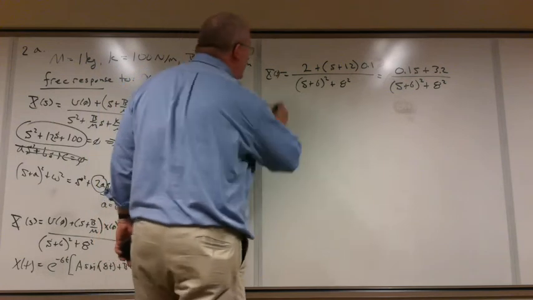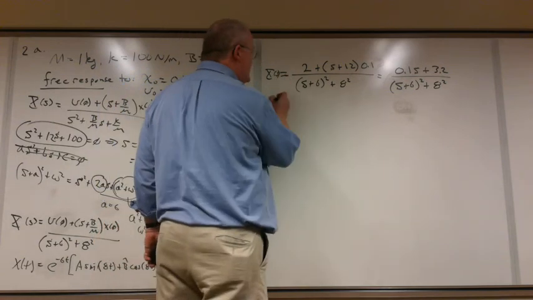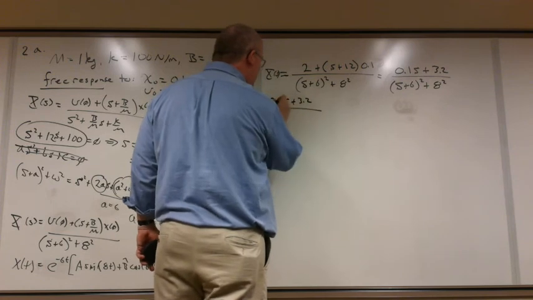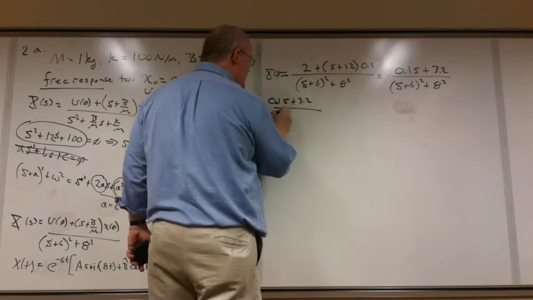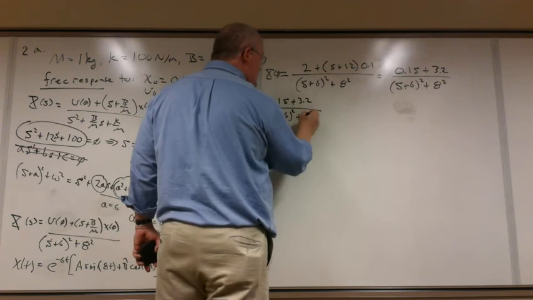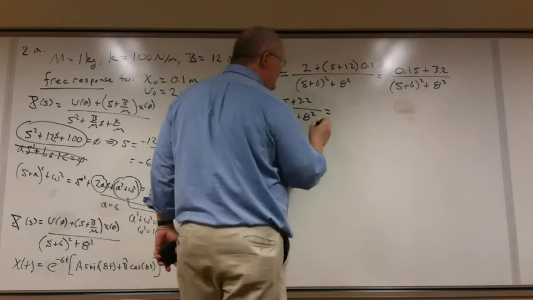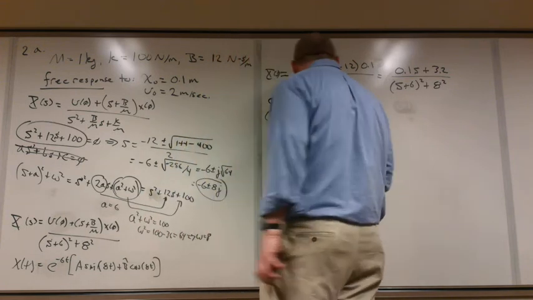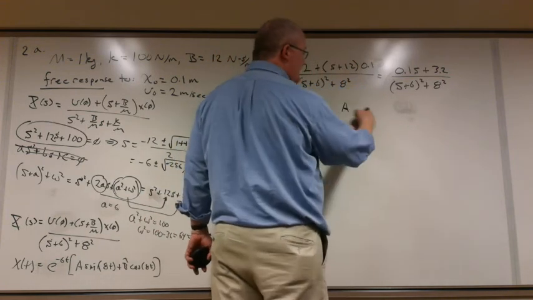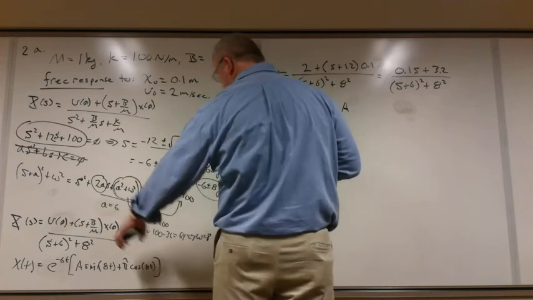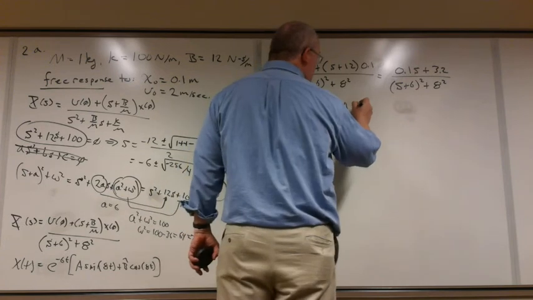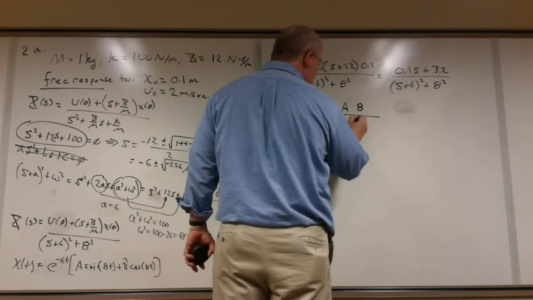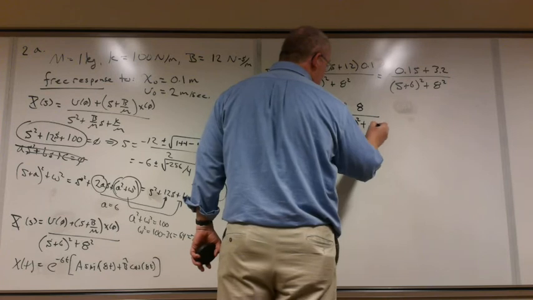Okay, so how we do this is we go 0.1 s plus 3.2 over s plus 6 squared plus 8 squared is equal to, once again, if this is going to be a sine of 8t, the Laplace of e to the minus 6t sine of 8t. So that means it's a times omega, which is 8, over s plus 6 squared plus 8 squared.